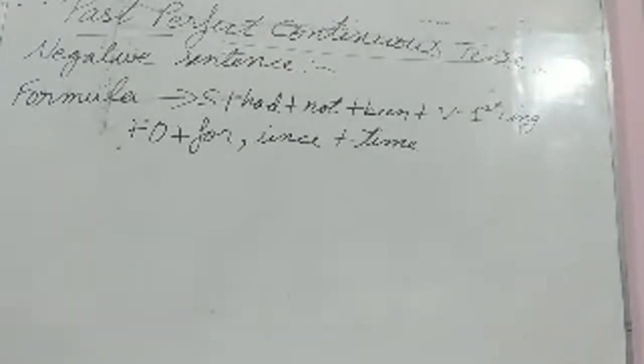Now let's see the example related to the negative sentence in past perfect continuous tense.